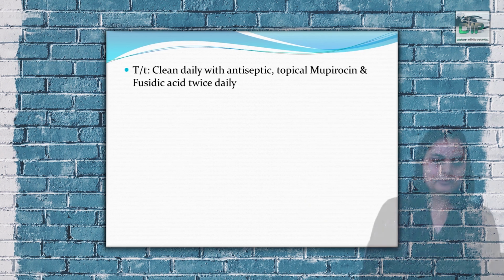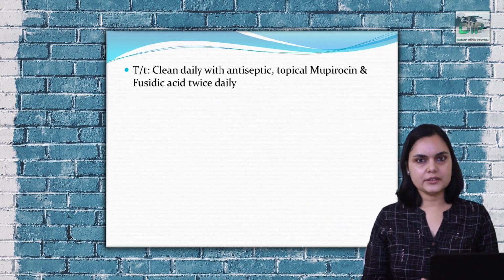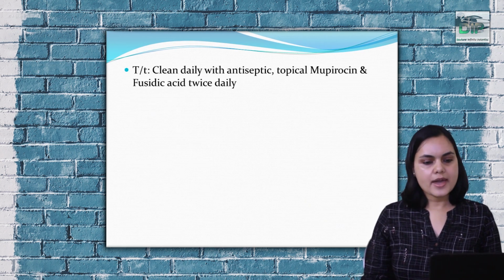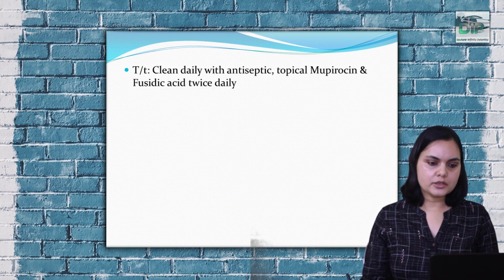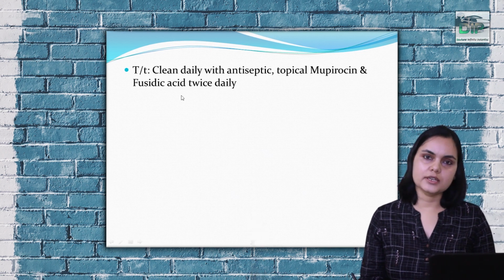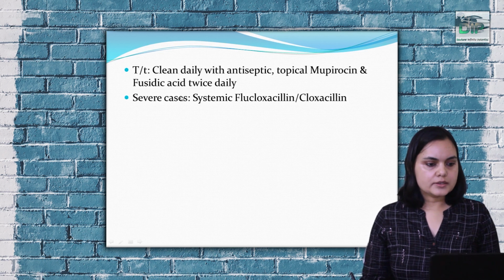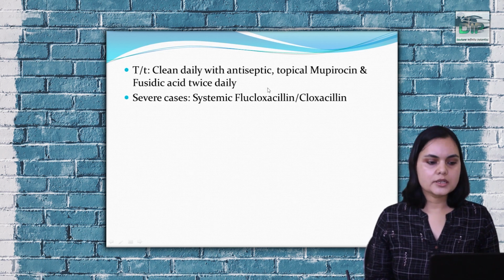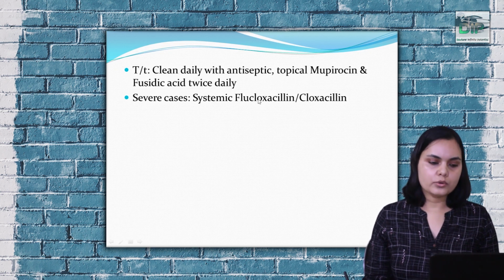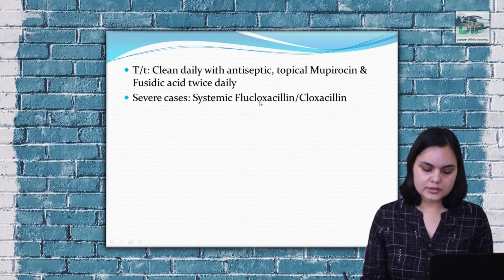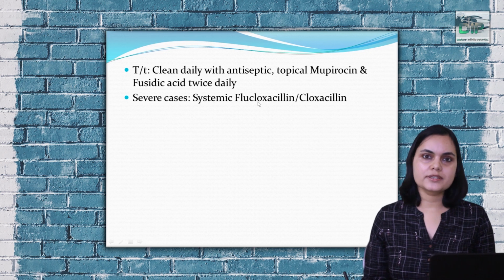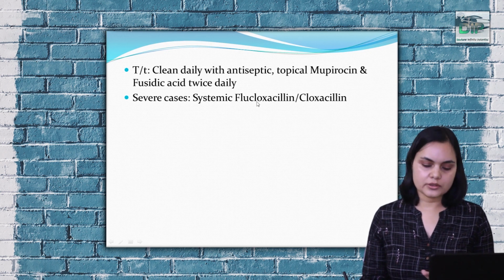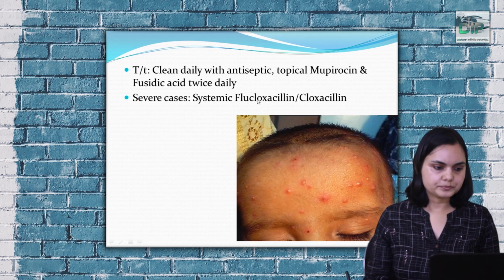For the treatment, we should clean with antiseptic solutions, and we can use topical mupirocin and fusidic acid twice daily. Again in severe cases, we may have to use oral flucloxacillin, or any other systemic antibiotic depending on the local resistance pattern.